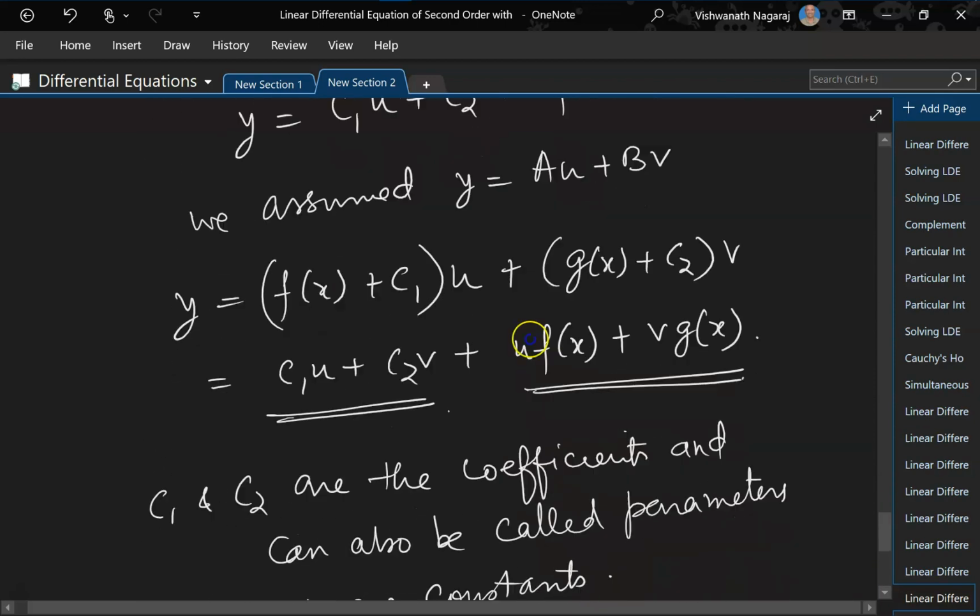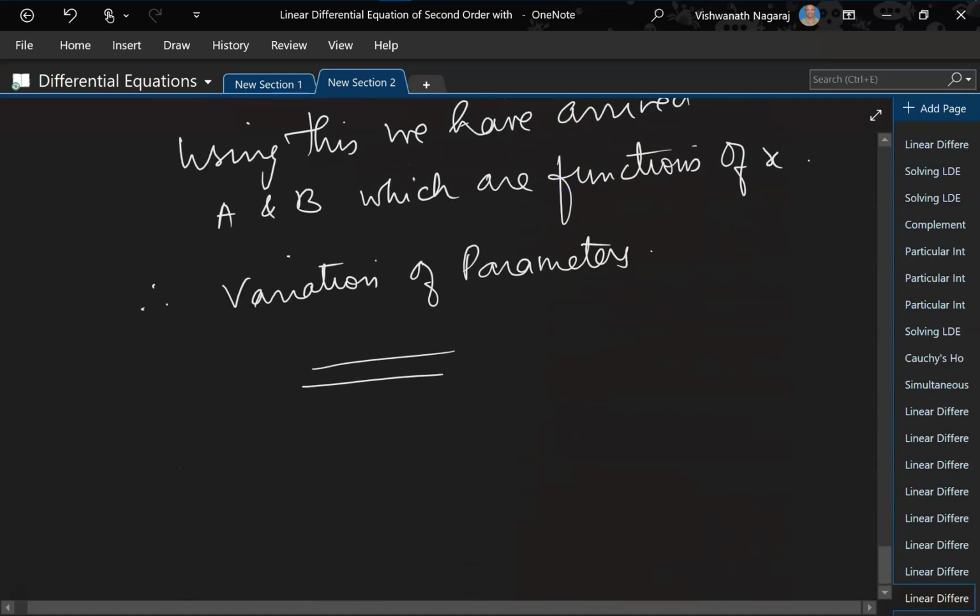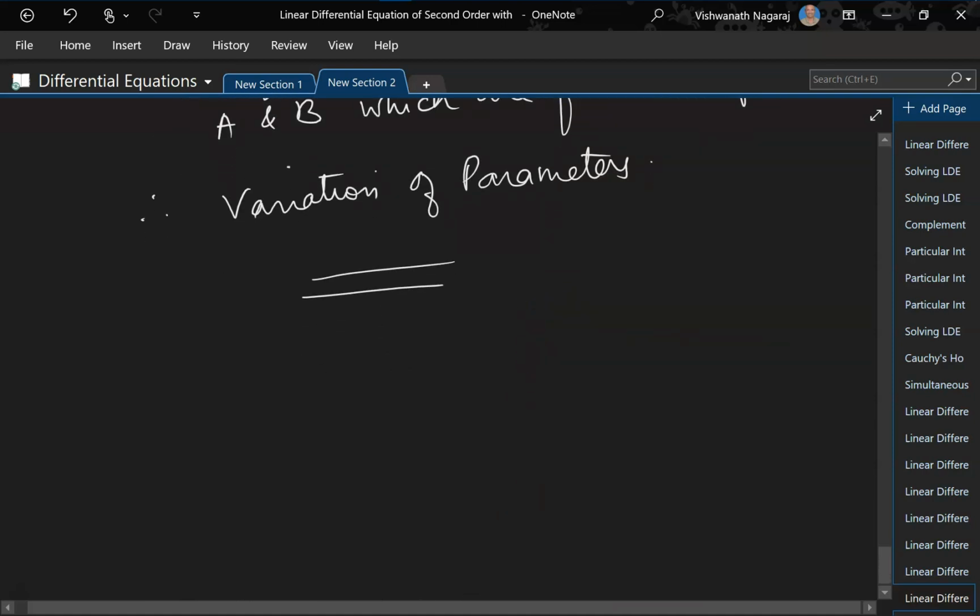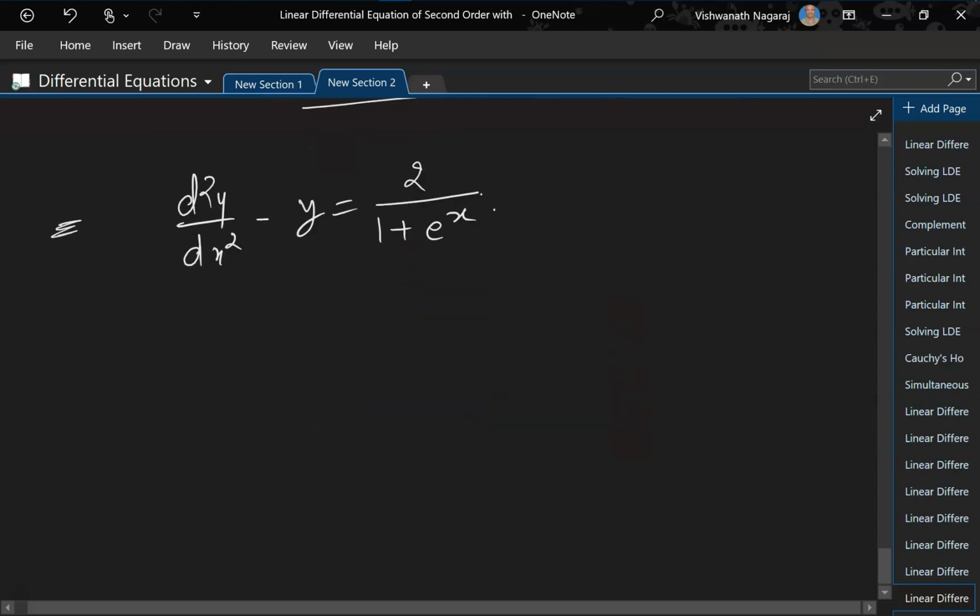So let's do one problem to understand how this works out. Let's say the problem is d2y by dx square minus y is equal to 2 by 1 plus e to the power of x. Now remember, this can be written as (D square minus 1) times y is equal to 2 by 1 plus e to the power of x.